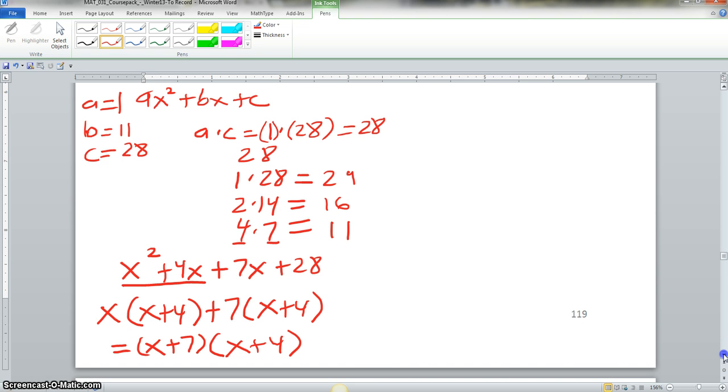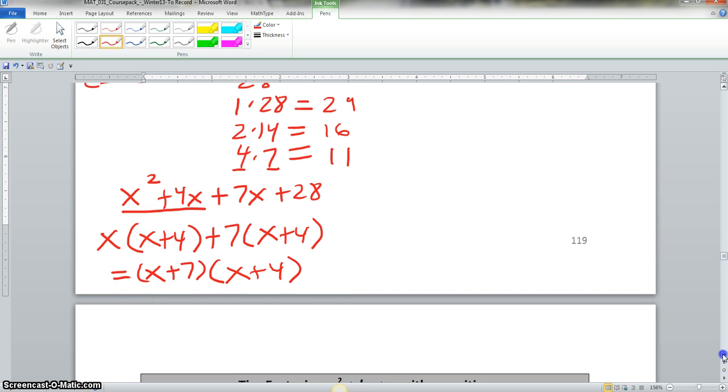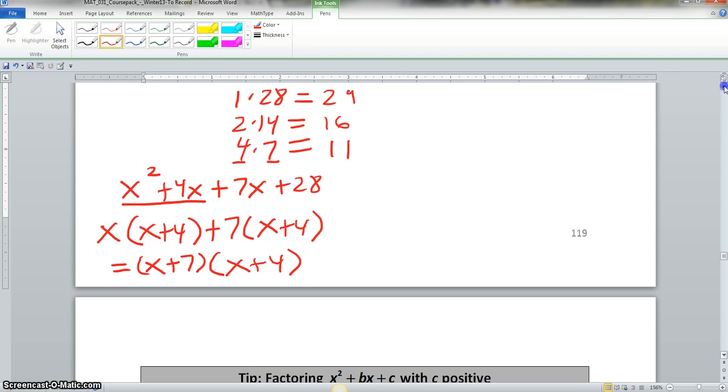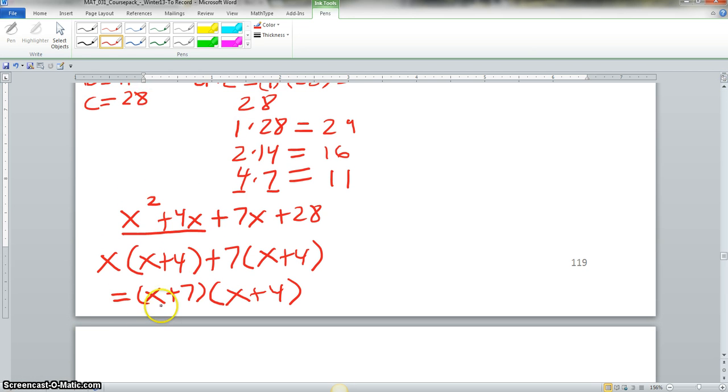Now, we do need to check this answer. We can check it here because I ran out of space. We can multiply it. x times x, plus x times 4, plus 7 times x, plus 7 times 4.